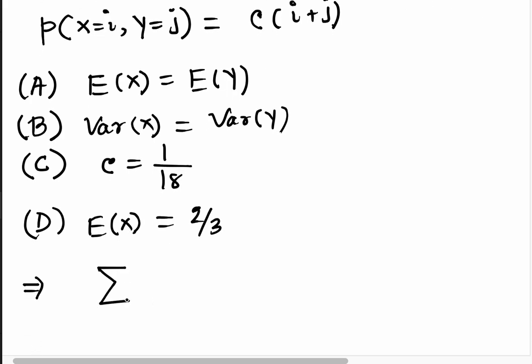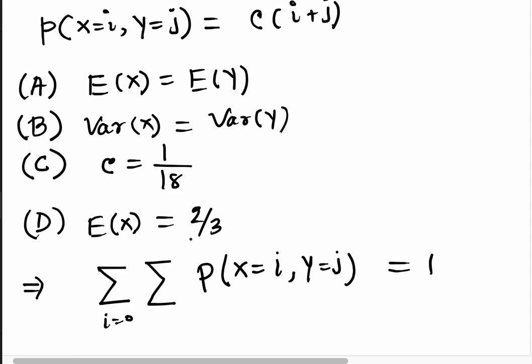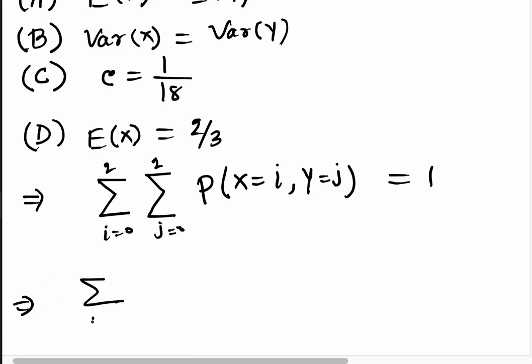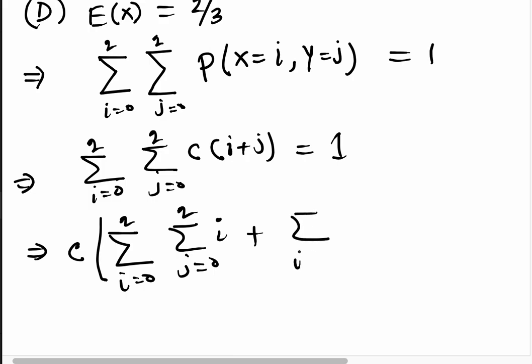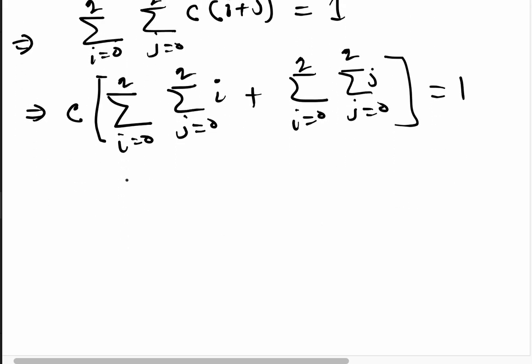As we know, if I sum over the whole space, it should give us 1. So the sum of the probability x equal to i, y equal to j should be 1, for i equal to 0 to 2, j equal to 0 to 2. So this is the sum over i equal to 0 to 2, j equal to 0 to 2 of c times (i plus j) equal to 1. So I can write the sum of i, i equal to 0 to 2, j equal to 0 to 2, plus the sum of j, i equal to 0 to 2, j equal to 0 to 2, is 1. Now what is the summation?